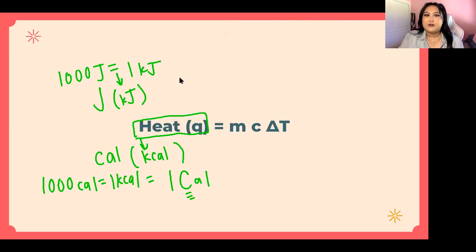Okay, so does anyone want to tell me what the M in the equation stands for? Mass, yeah, and mass is usually, what do we want it to usually be in? Grams, perfect. And then what does the C stand for? Specific heat, yeah, perfect.